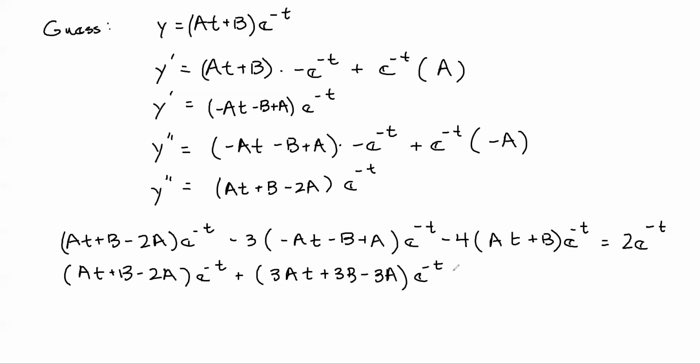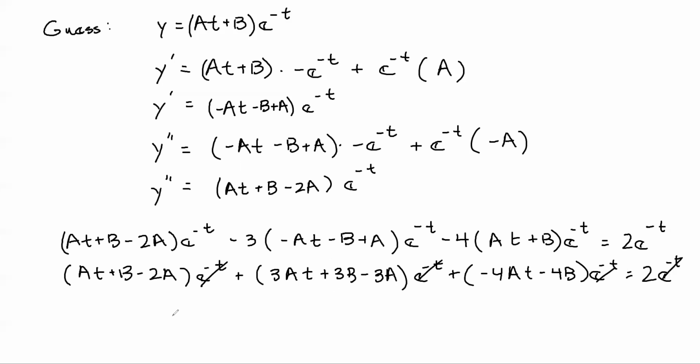And here we're going to have negative 4at minus 4b, e to the negative t, equals 2e to the negative t. All right, now at this point we could cancel all these e to the negative t's by dividing both sides by e to the negative t.